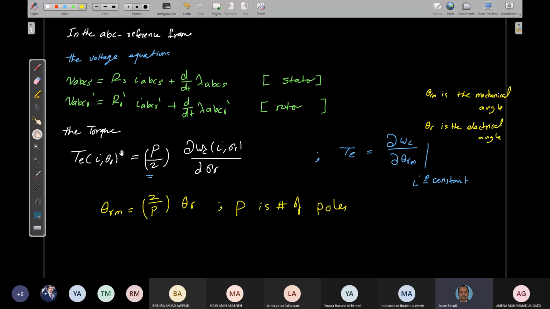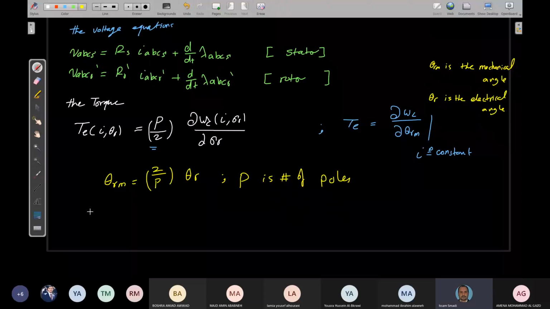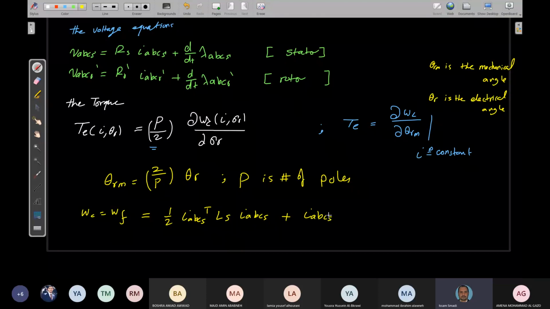Because we assumed the system is magnetically linear, omega_c will equal omega_f. And it was very simple to evaluate: 1 over 2 i_ABCS transpose L_S i_ABCS, then plus i_ABCS transpose L_SR dash i_ABCR dash, and finally the energy due to the rotor circuit, 1 over 2 i_ABCR dash transpose L_R dash i_ABCR dash.